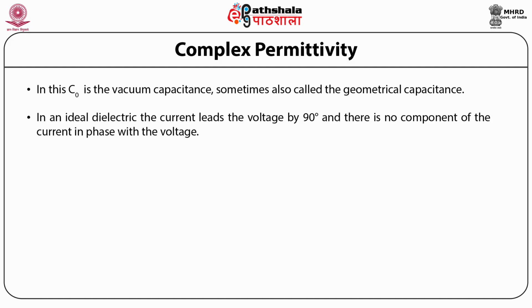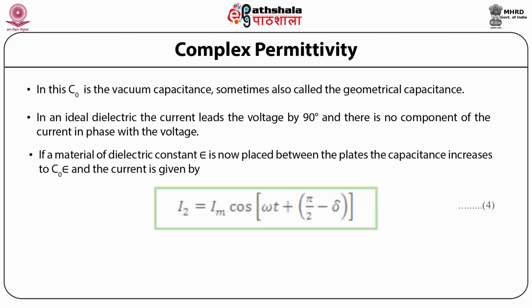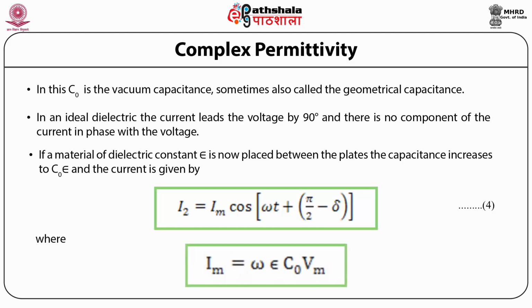In an ideal dielectric, the current leads the voltage by 90 degrees and there is no component of the current in phase with the voltage. If a material of dielectric constant epsilon is now placed between the plates, the capacitance increases to C0 epsilon and the current is given by I2 = Im cos(omega t + pi/2 - delta), where Im = omega epsilon C0 Vm.